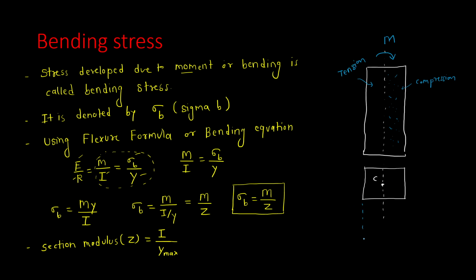Now what is the variation of this? The variation of bending stress is linear, and if this is a zero line, there is one side which will be in compression and another side which will be in tension. This right hand side we have seen is in compression, so we can draw it like this, and the left hand side is in tension.